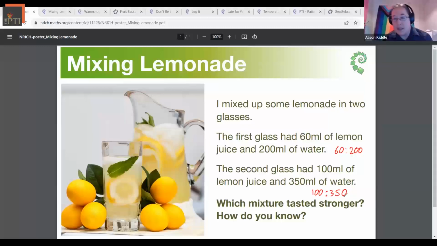Neither of the numbers is equivalent. So if I could scale this to be 1 to something and this to be 1 to something, I could see straight away which is the most strong tasting.